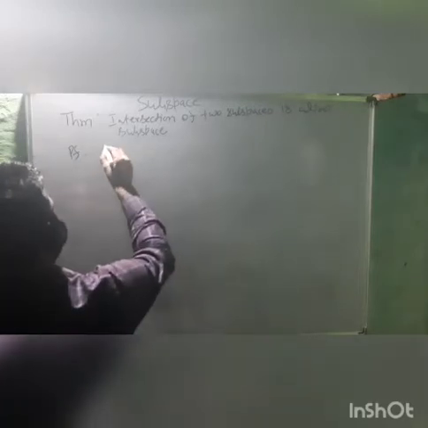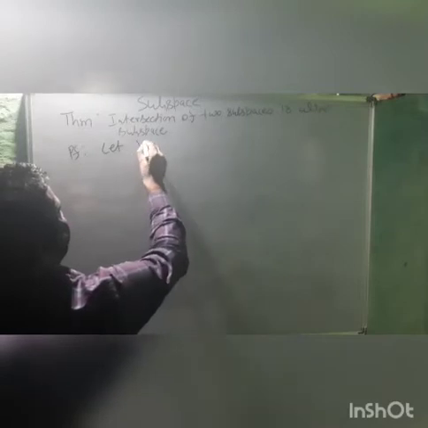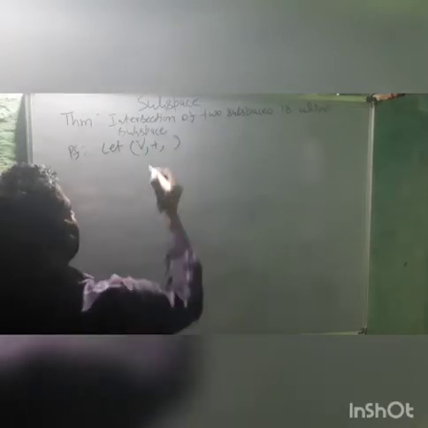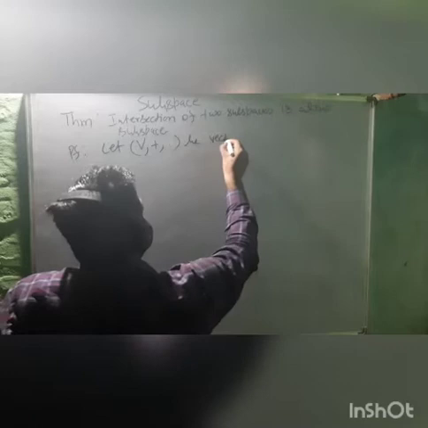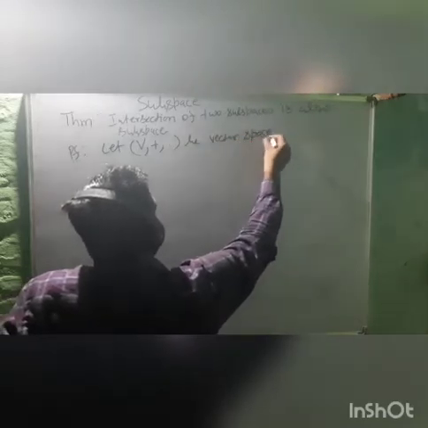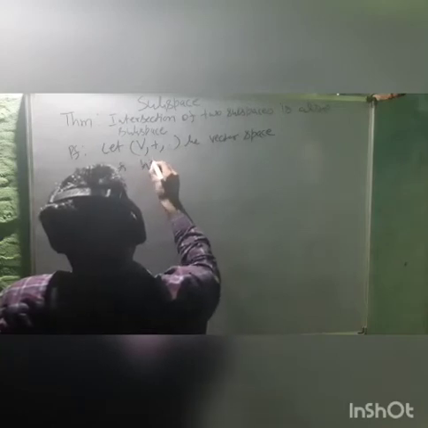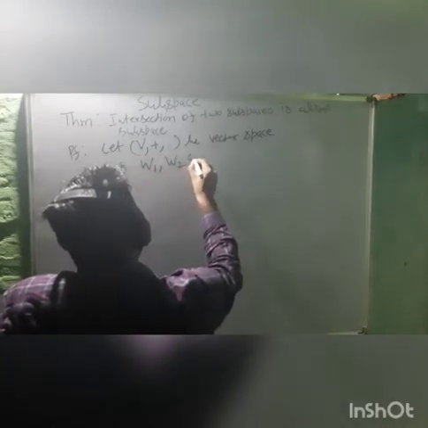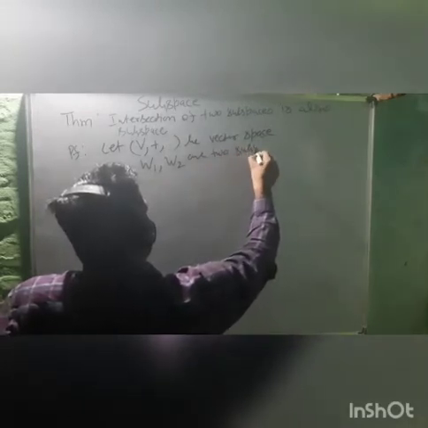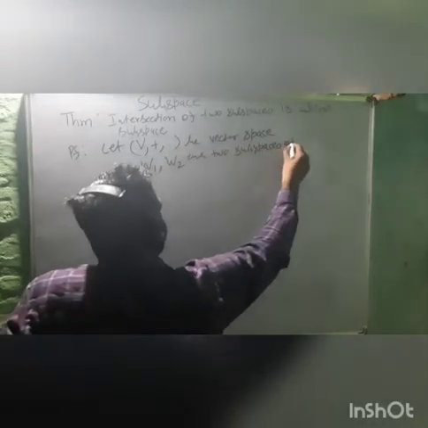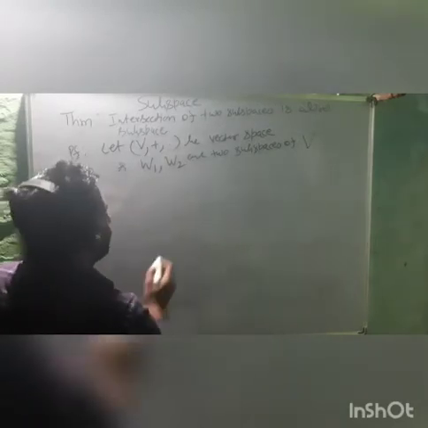So let's assume, let V with the following composition be a vector space, and W1 and W2 are two subspaces of V. Now let's see what we have to prove.